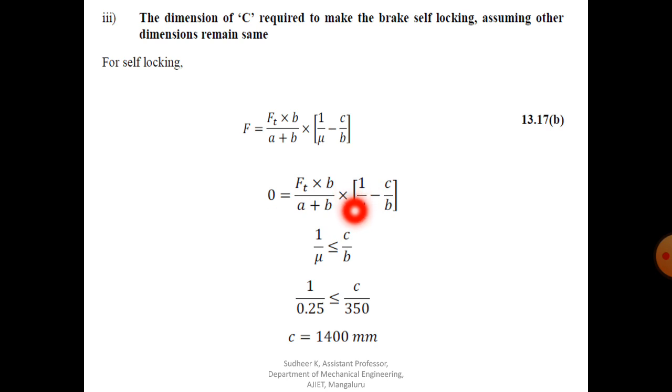So 1 by mu should be lesser than C by B. Therefore 1 by 0.25 should be lesser than C divided by 350. So the C value you will get is 1400 millimeter. That value indicates that if you use C value 1400, then the brake will be self-locking.